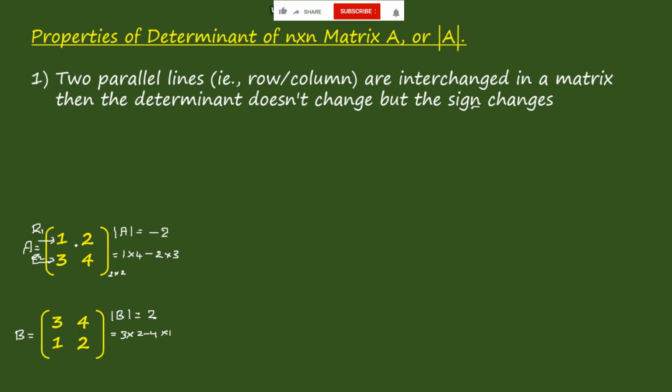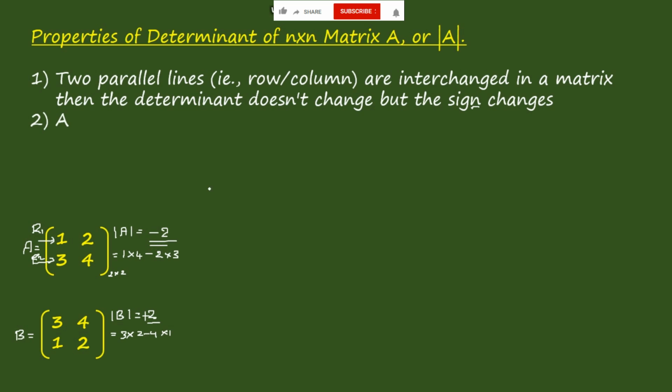So we are just interchanging the rows, then what happens? The sign is being changed. Here it is minus, here it is plus. So by interchanging a row or a column, the determinant does not change in magnitude, but the sign changes.